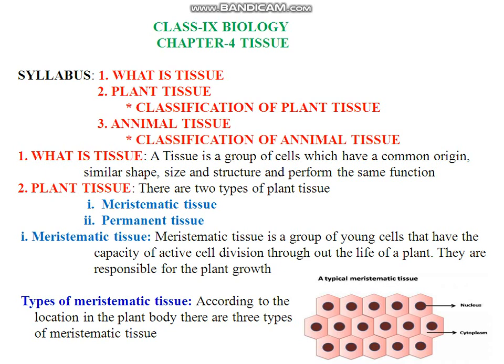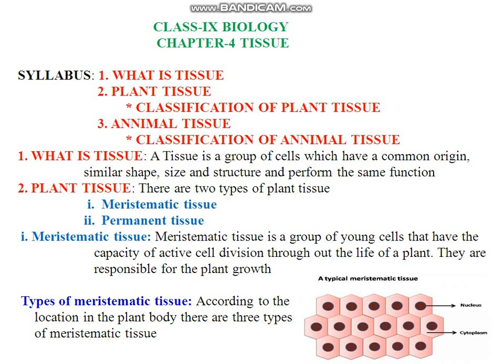Now plant tissue. Plant tissue is divided into two types: meristematic tissue and permanent tissue. Meristematic tissue consists of young cells that have the capacity to divide throughout the life of a plant.